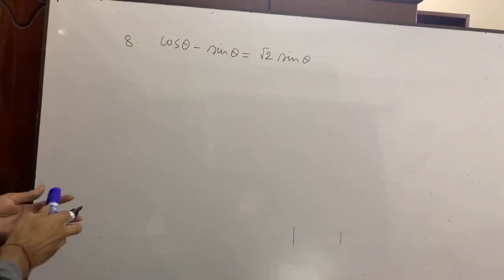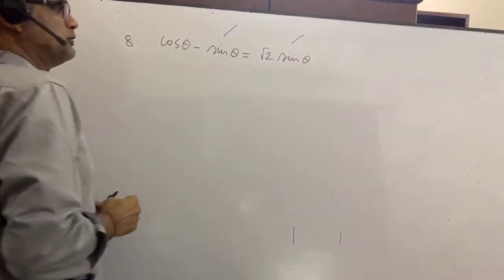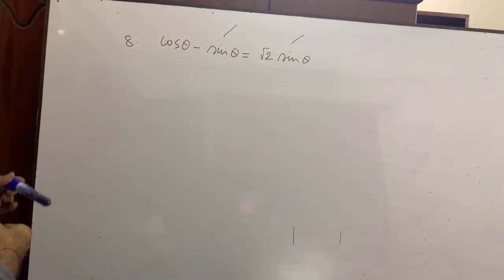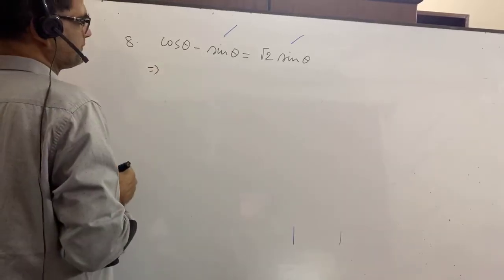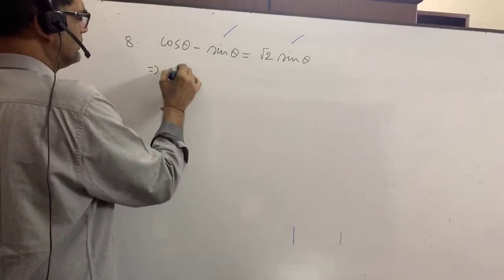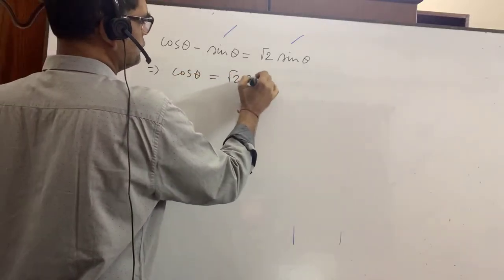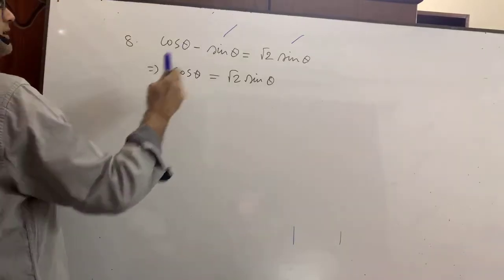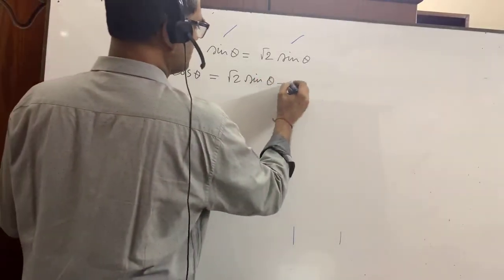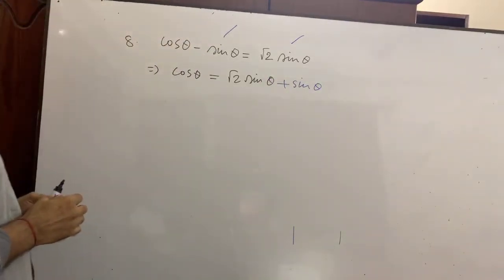What is to do? At first, this and these are the same, so we have to take those two on the same side. We can write cos theta is equal to root 2 sin theta, and this minus sin theta will be taken to the right hand side, and it is now plus sin theta.